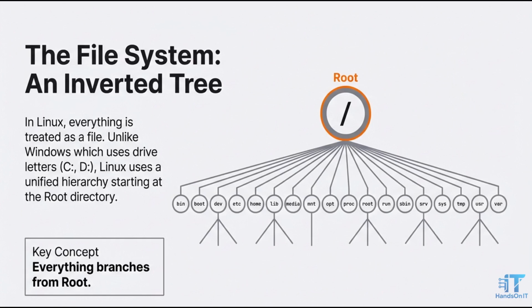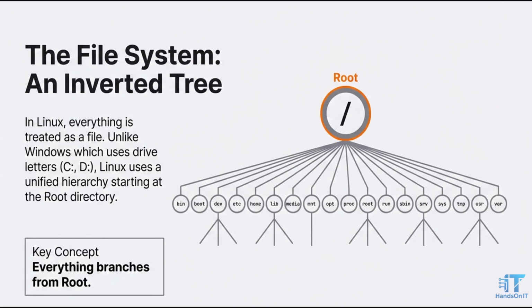The Linux file system. Now let's talk about the file system. In Linux, everything is treated as a file, even devices, processes, and sockets. The Linux file system starts with a root directory, and everything branches out from there. The structure is tree-like.